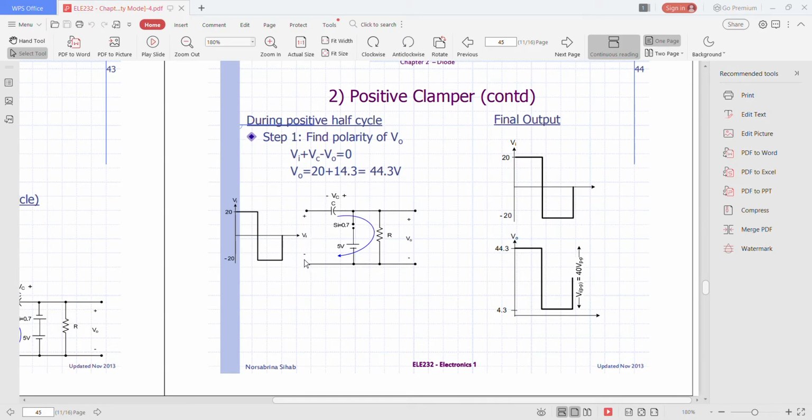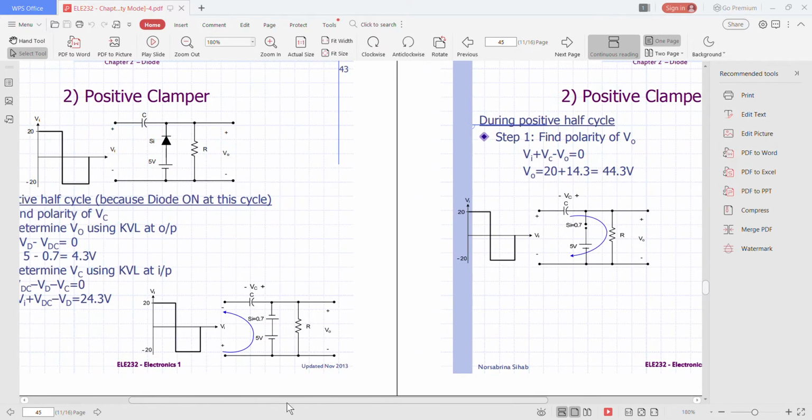If you are using a different method, for example current entering the terminal, the equation will be minus Vin minus VC plus Vout equals to 0. This equation comes due to the open circuit condition at the diode terminal. So from here, the output during positive half cycle is 44.3 volt.